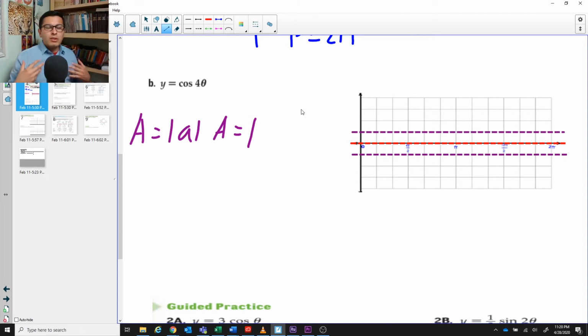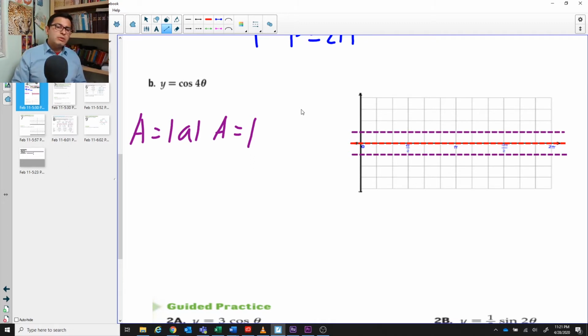Now I have literally put this 1 unit above and 1 unit below. Another thing that we could do is just kind of fudge the results a little bit, like put it 4 units above and 4 units below, and then just label it as 1. That would totally work as well. But just for the sake of graphing it properly, this is what I'm going to do.